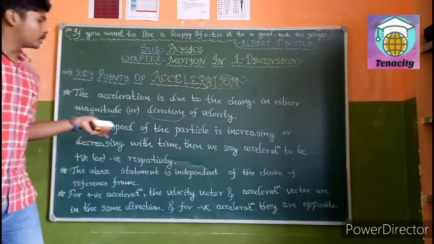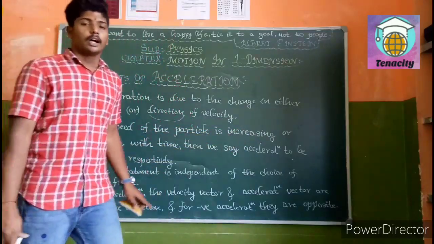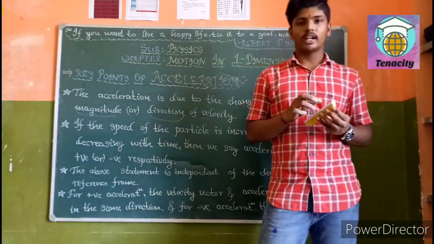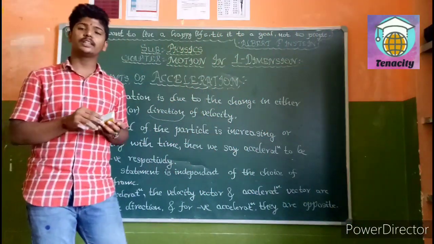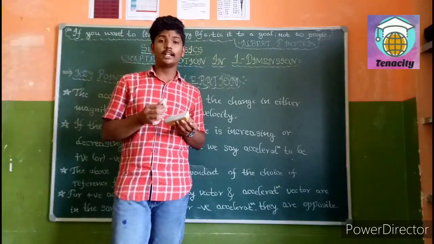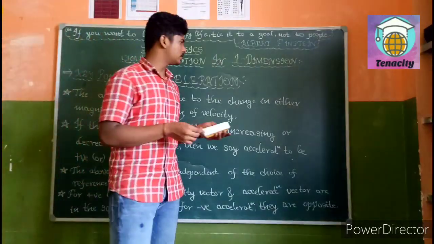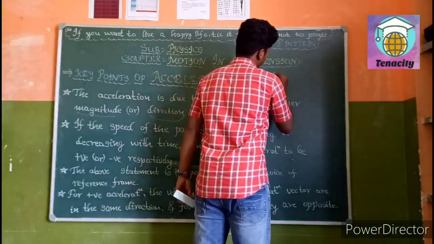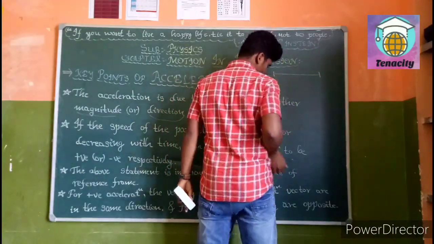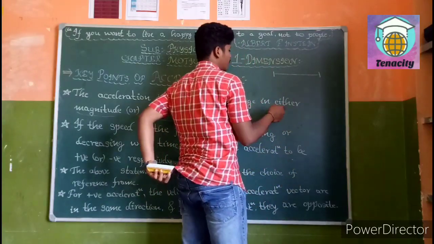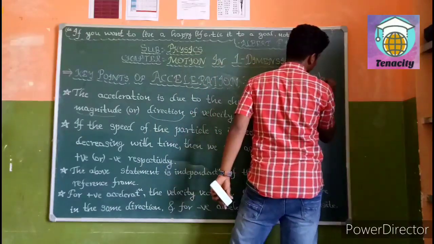So if the speed of the particle is increasing with time, we call it positive acceleration. If the speed of the particle is decreasing with time, then we call it negative acceleration. I will show you now. Suppose you consider this 1D motion. Consider initial and final points.